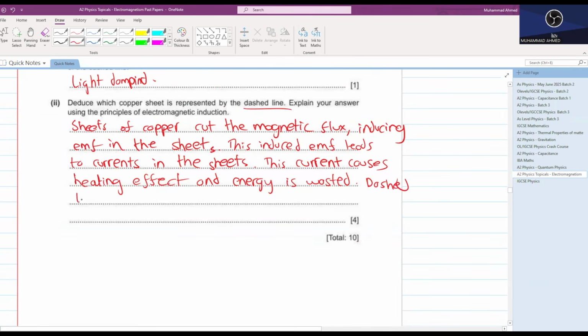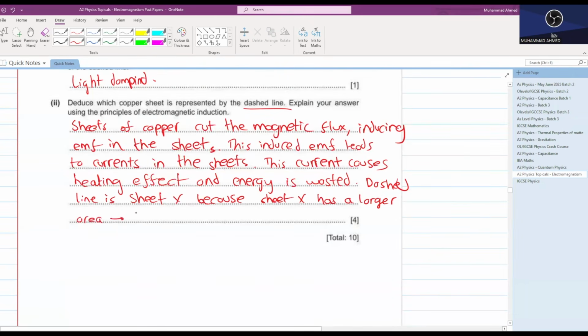Yes, dash line is sheet X because sheet X has a larger area.